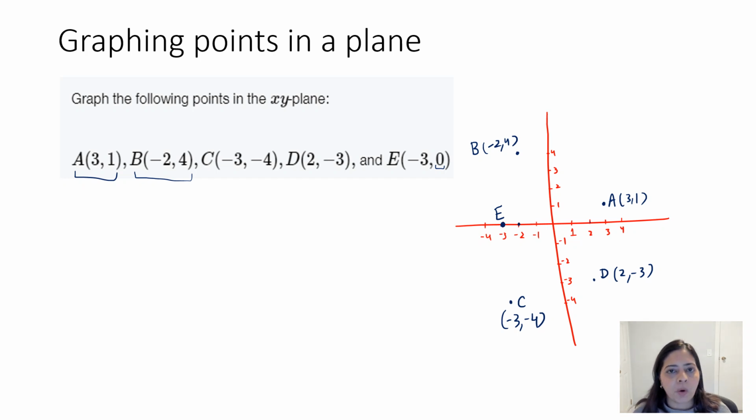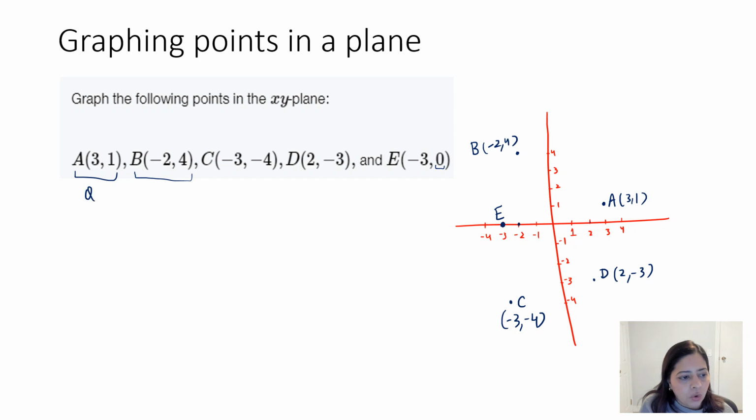So these are the points which were given to you, and you have now marked them in the plane at adequate positions. That's what the question asks us to do. This is the first step of understanding the Cartesian plane and plotting graphs in future. You should be able to mark the points accurately.